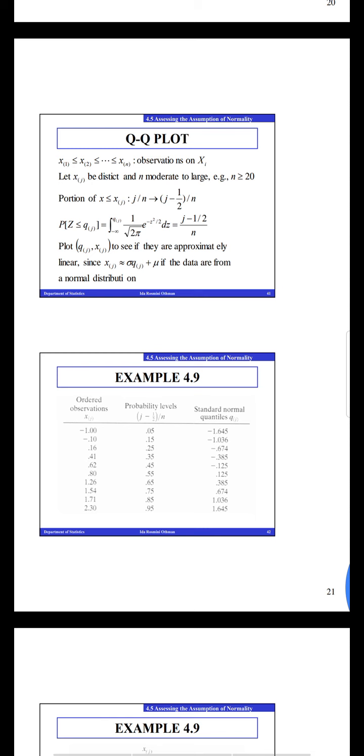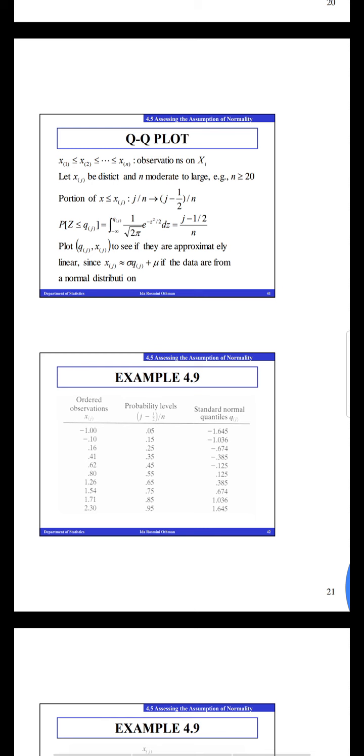Okay, so kalau you tengok kat situ, the first step adalah order the original observation of x and their corresponding probability values. So first of all, to plot the QQ plot, you need to order the observation.